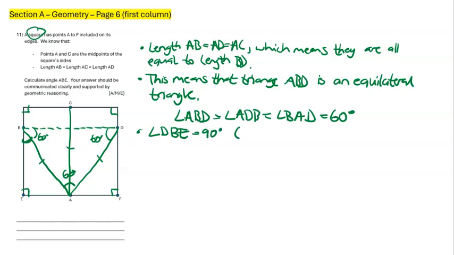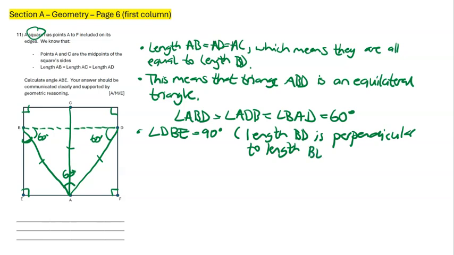And that's because length BD is perpendicular, forgive my spelling, of perpendicular to length BE. Because we've got that, if this one is 60 degrees, that means this missing angle here down the bottom has got to be 30 degrees.